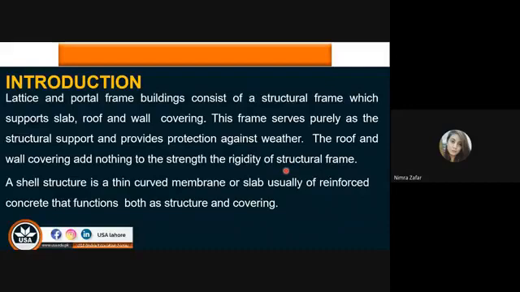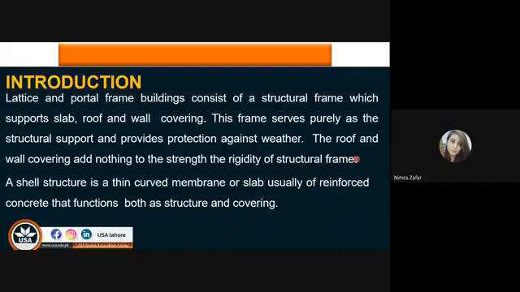If we have any covering on the roof and wall, it will do nothing to the strength or rigidity of the structure. Rather, it will only provide a covering against weather, or it acts as a shielding material. This happens conventionally.